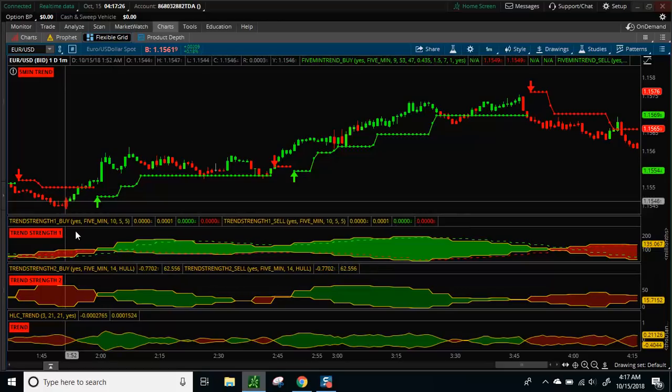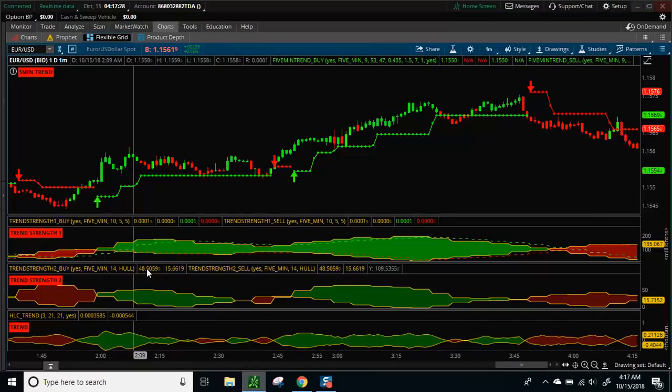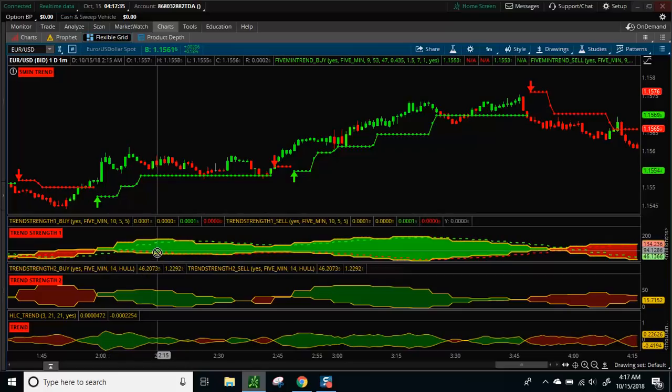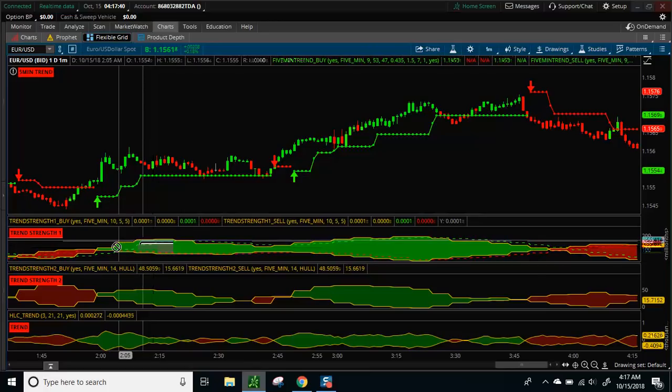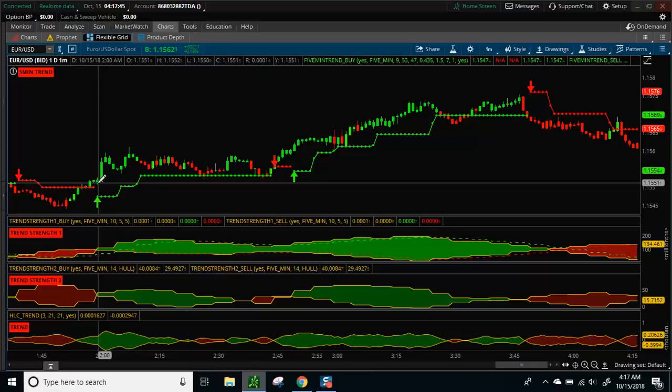Because they think they're on a 5-minute time frame, but the charts are actually 1 minute long, it gives you a very good overview at the beginning of every 5 minutes of what's going to happen within the 5-minute time frame. This one down here is another trend strength, but it's only measured on the 1 minute time frame. It doesn't matter. It's giving you the trend strength as well.